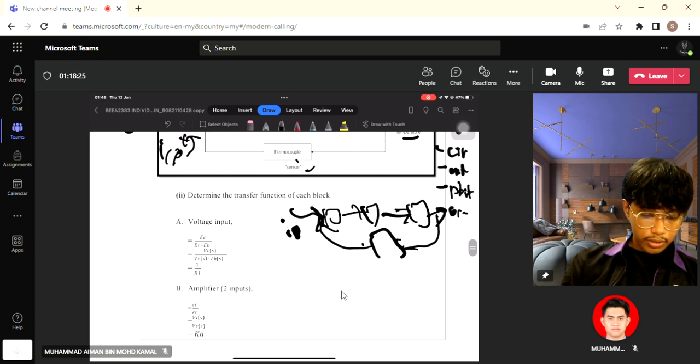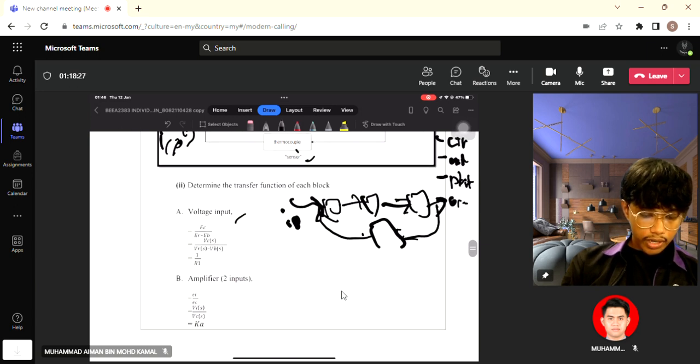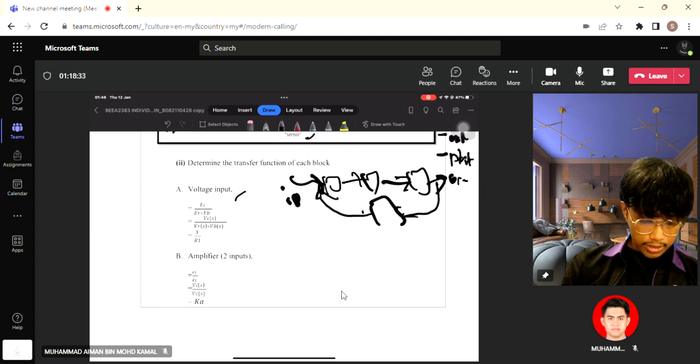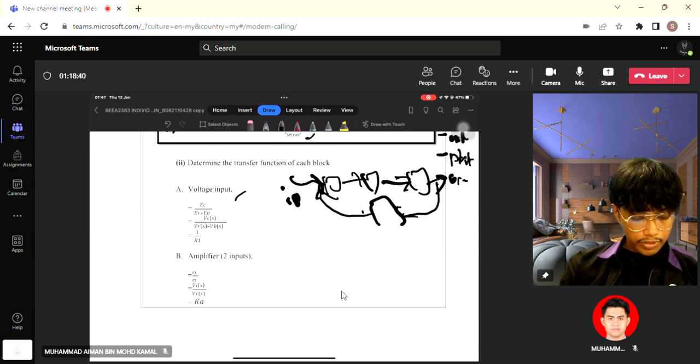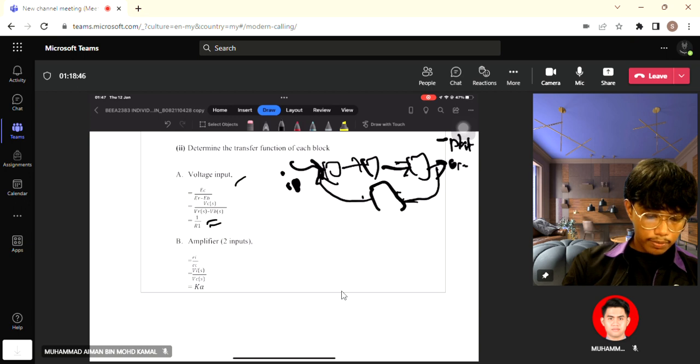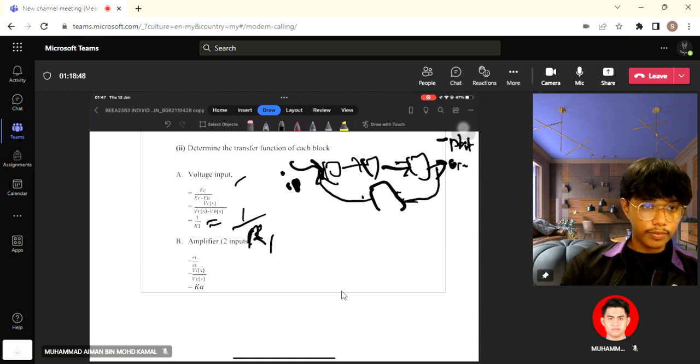So from the figure, we pull out the formula. Voltage input, the first one, right? EC divided by ER minus EB, VC(s) divided by VR(s) minus VB(s), and the last formula will be 1 per R1.